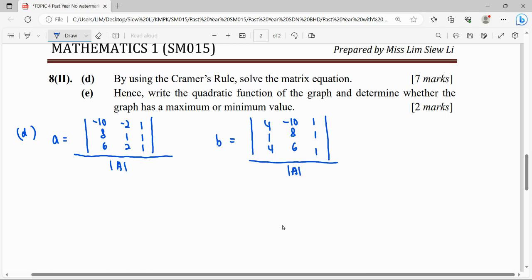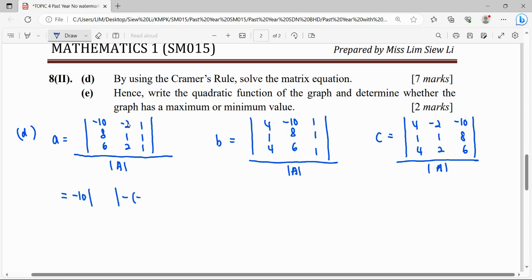Meanwhile, for finding unknown c, we replace the third column. So we're going to find this determinant, repeating A11 minus A12 plus A13.